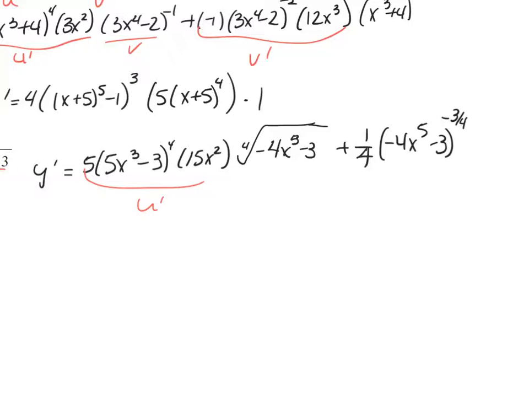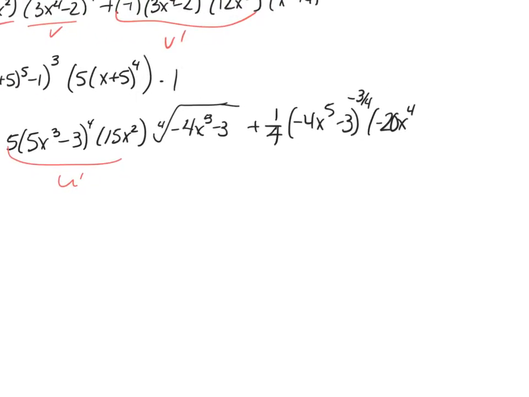My inner function is going to be minus 20x to the 4th. That all represents v prime. Now I just have to multiply that by u, which is 5x to the third minus 3 raised to the 5th power. And then I'd algebraically clean that up as well.